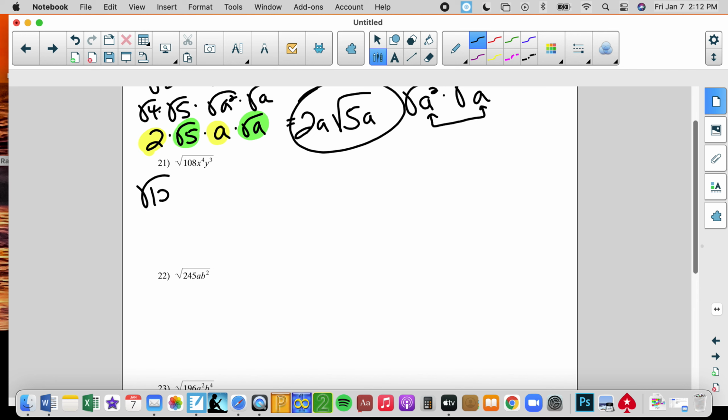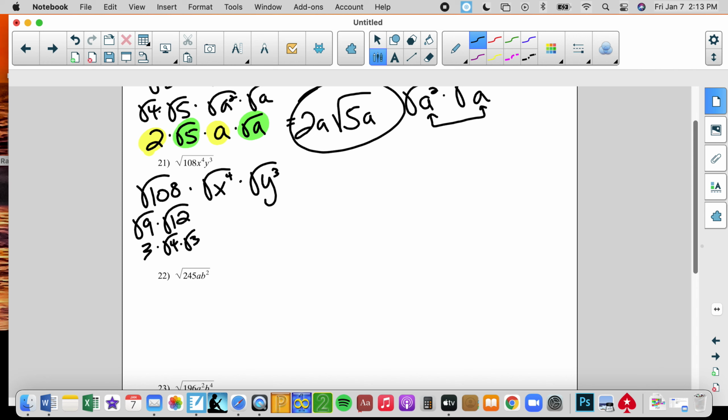So rad 108. Now we're going to separate x to the 4th and separate y to the 3rd. 108. I know I've done 108, but I can't remember it. But 9 and 12. And that gives me 3. Rad 12 is rad 4, rad 3.